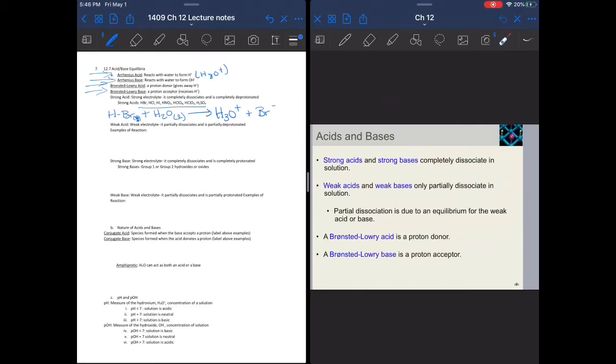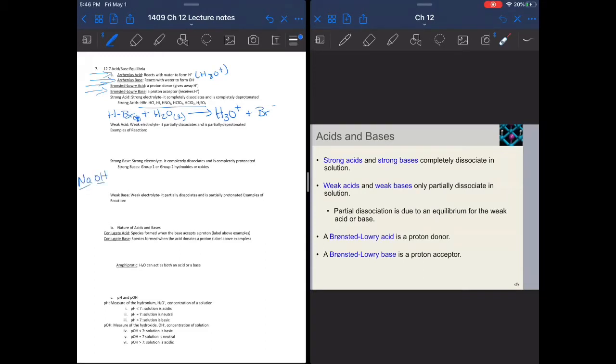Actually, I'm going to skip to strong bases really quickly. A strong base is completely dissociating, or essentially completely dissociating, and becomes completely protonated. So oftentimes when we think about a strong base, we are looking at something like sodium hydroxide.